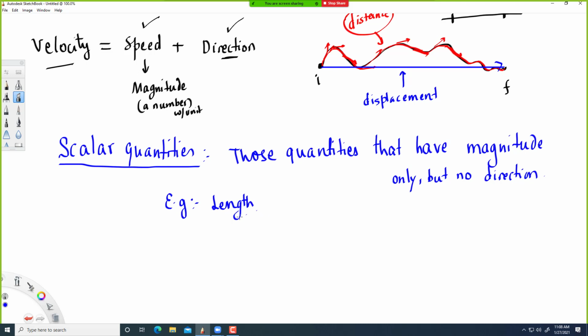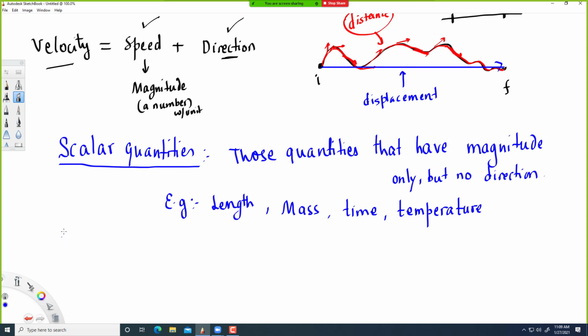Likewise, mass. When you express mass, you only need the number with the unit. You don't need to worry about the direction. Time also doesn't have direction. Temperature. 32 degrees Fahrenheit, there's no direction, just magnitude.